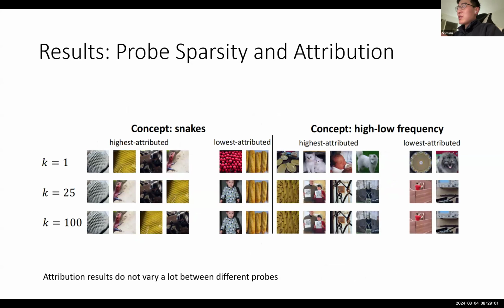Finally, the authors also take a look at how the probe sparsity affects the attribution. So they take out the four highest attributed instances and the two lowest attributed instances. And as you can see on the left here for the snake concept, for the highest attributed instances, except for the relative order, these four instances are still the same.